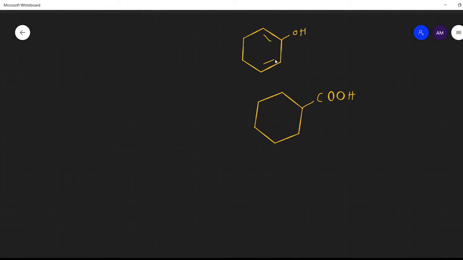This is a phenol and this is a benzoic acid, right? So you have to distinguish which is phenol and which is benzoic acid, because in a normal environment you cannot say that the structure of phenol is this, the number of carbon, you cannot say that.